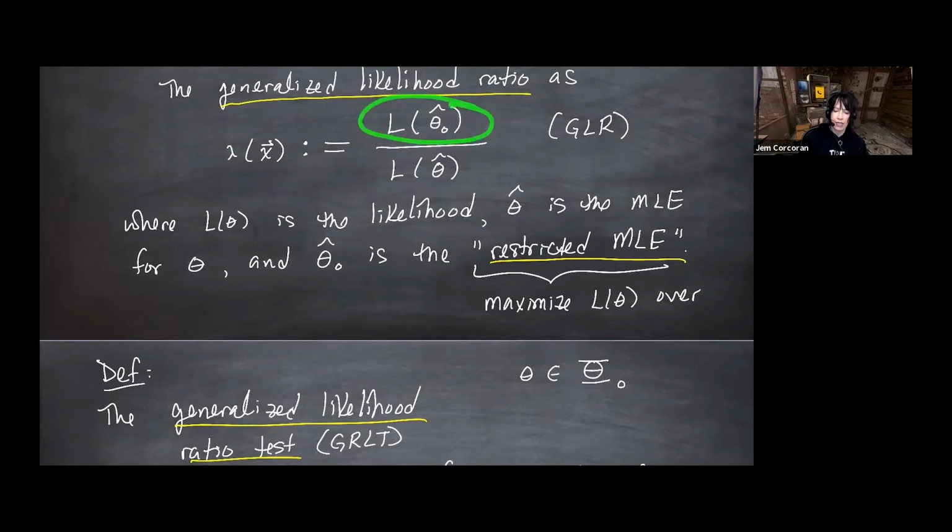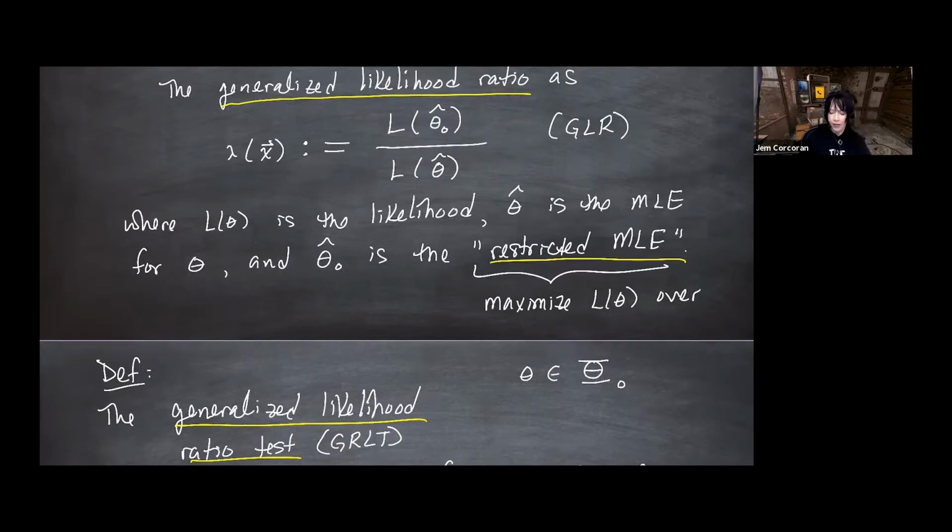Rather than evaluating at a single point, we're evaluating the likelihood at its overall maximum, and this is the restricted one. And so if the overall maximum height is much larger than the maximum of the likelihood when restricted to the null hypothesis, it seems like the null hypothesis maybe shouldn't be true. So you're going to reject when this is small.